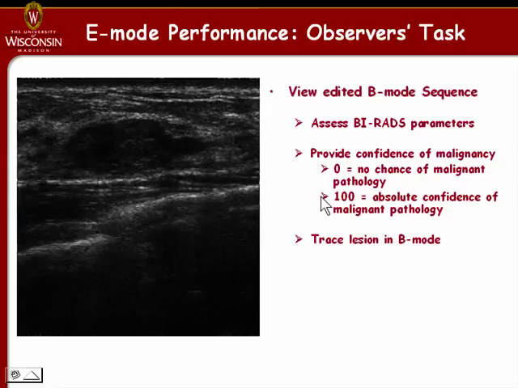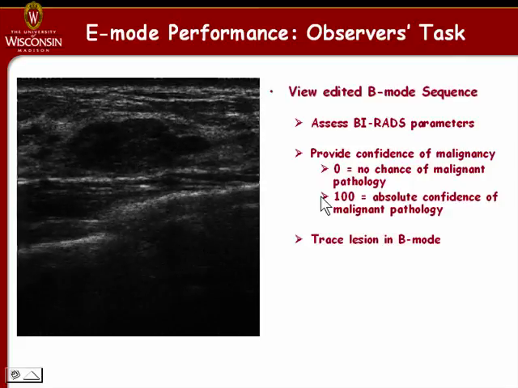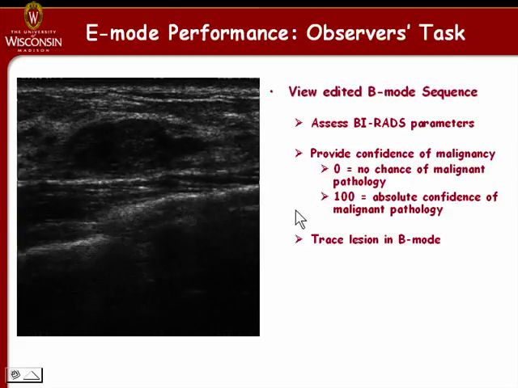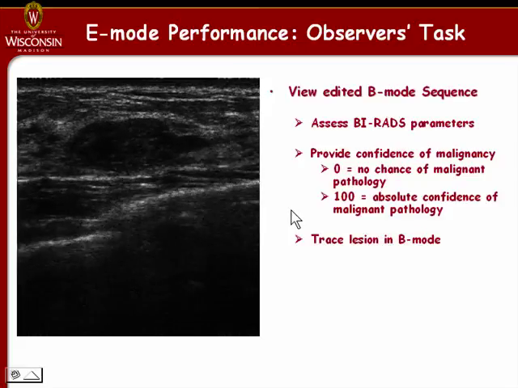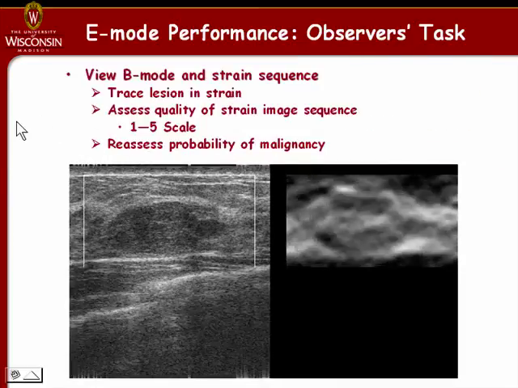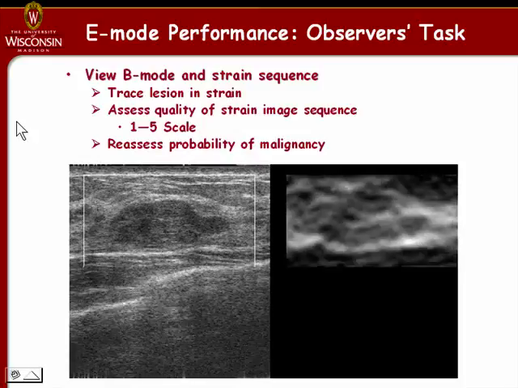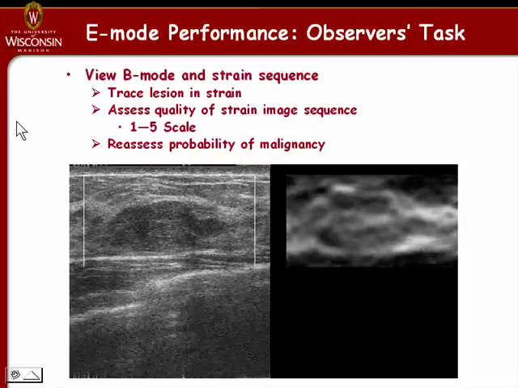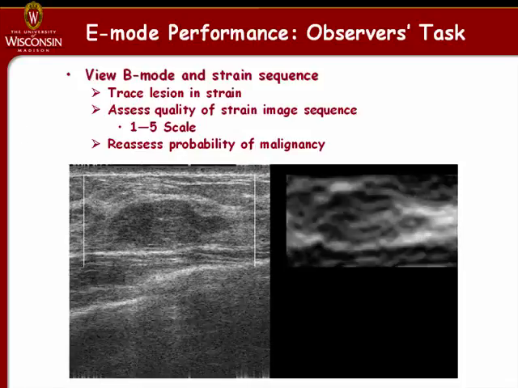A rating of 100 would suggest that they're completely confident that there is malignant pathology. And then they would look at that same data, but with B-mode and strain image information. And again, they did a number of things for us, but fundamentally, they reassessed their probability of malignancy after looking at the same data, but with B-mode and strain.